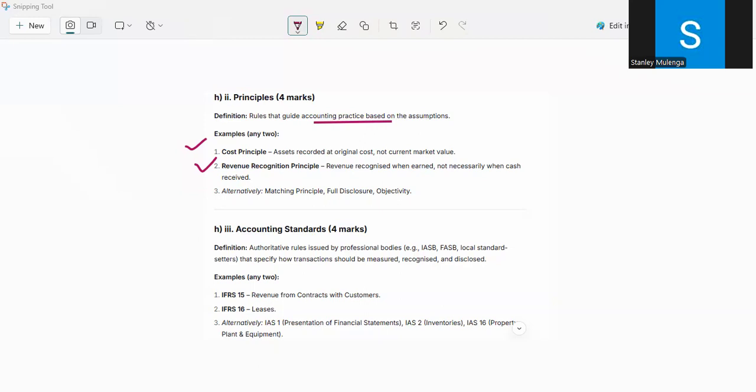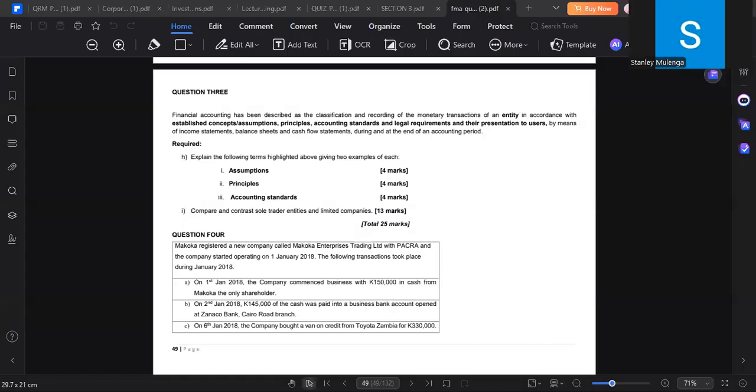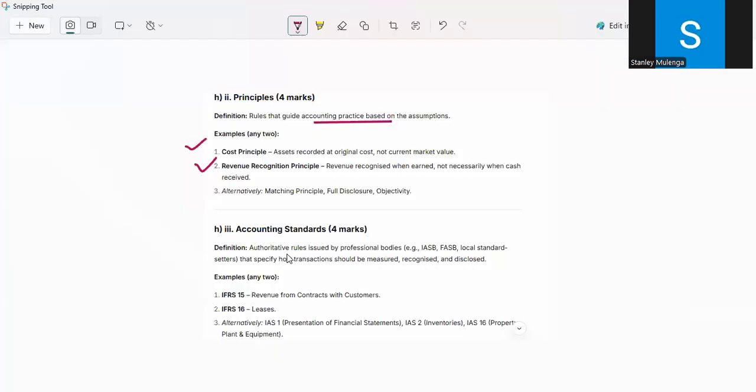The next question is asking us to explain what accounting standards are. Who can explain what accounting standards are? By definition, accounting standards are authoritative rules issued by professional bodies like the International Accounting Standards Board.